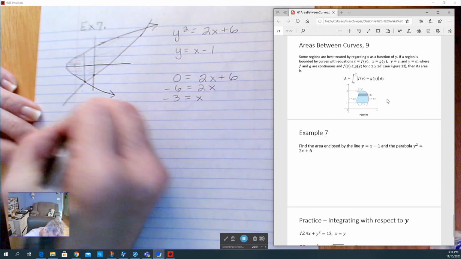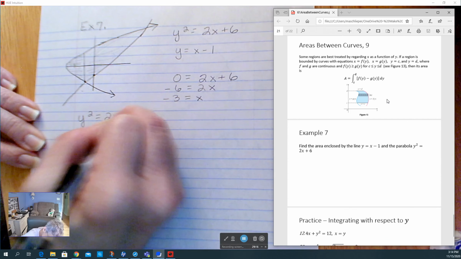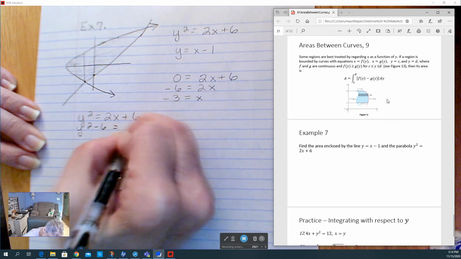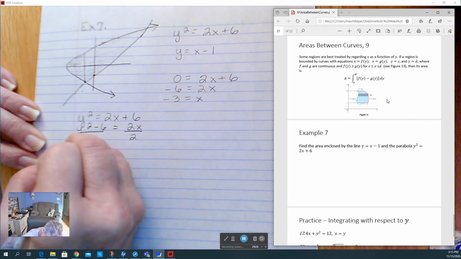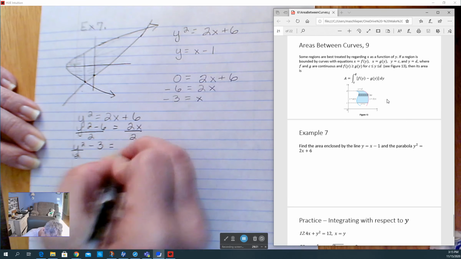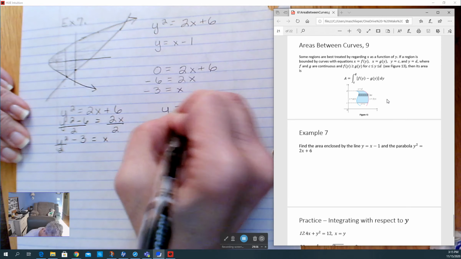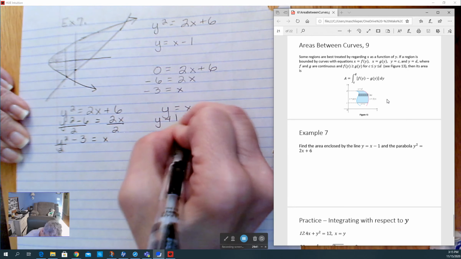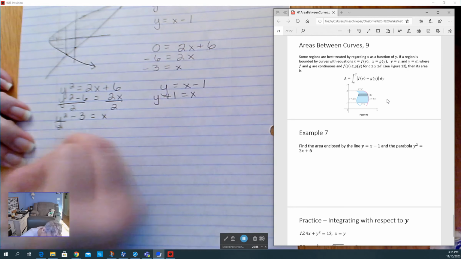So, if y squared is equal to 2x plus 6, then y squared minus 6 is equal to 2x. So y squared over 2 minus 3 is equal to x. If y equals x minus 1, then y plus 1 is equal to x. So now I set the x's equal to one another.